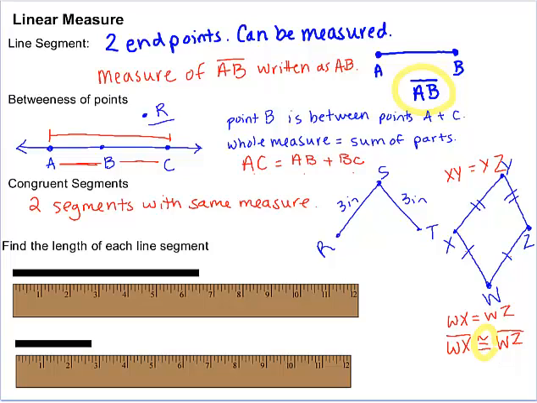Furthermore, we could also up here say that XY, the line segment XY, is congruent to the line segment YZ. And once again, because we are using line segments here, we have to make sure that we use the congruent mark because we're talking about the line segment.